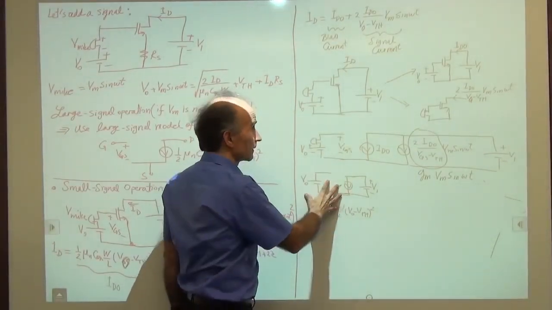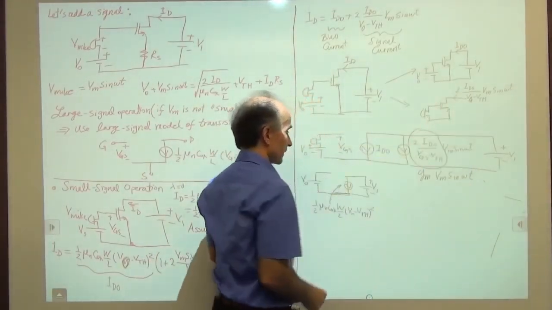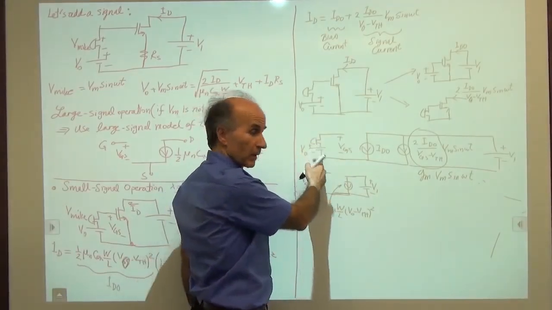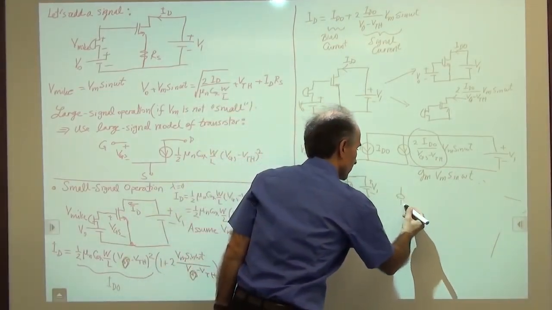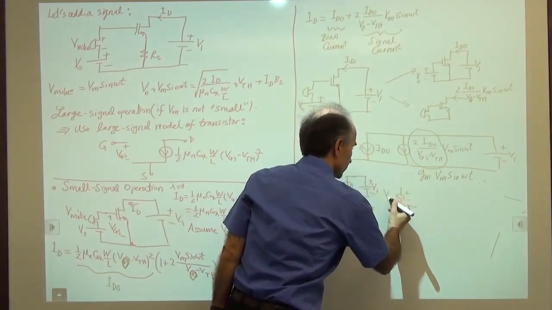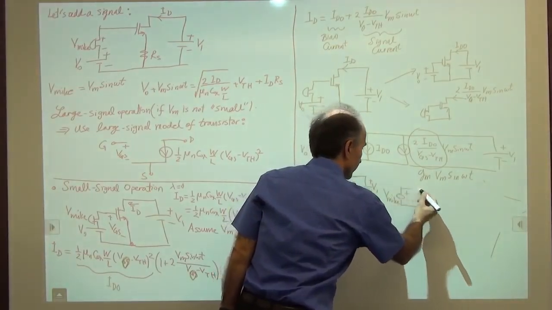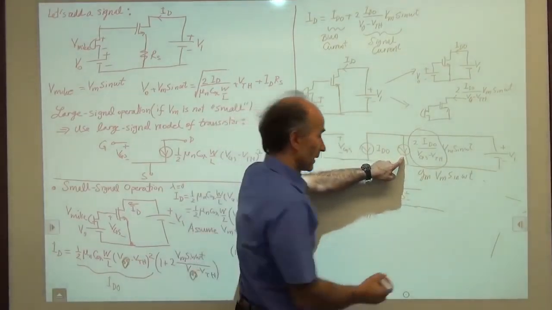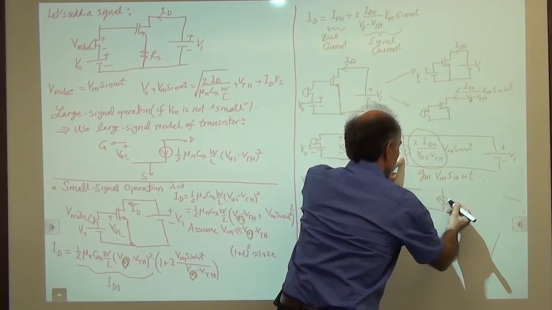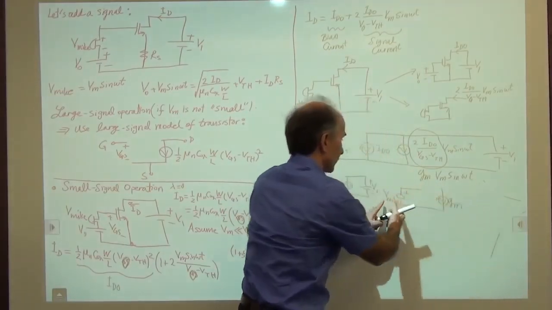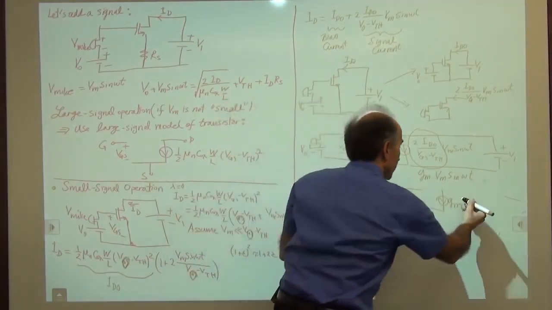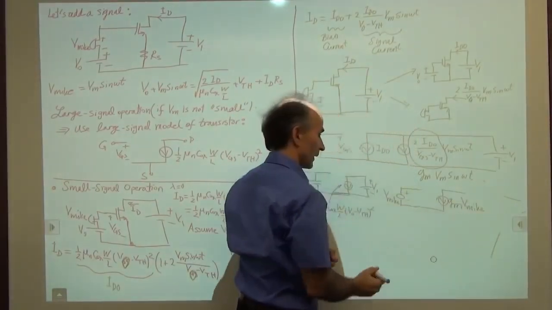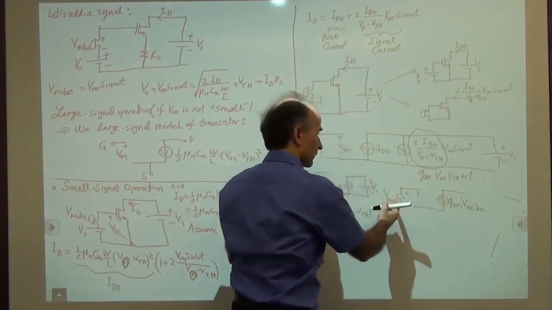Now, next to this, we draw another circuit. That has a voltage coming from the microphone, so we draw the voltage for the microphone, V mic. Then we go to another current source, which is equal to Gm times the input voltage, the microphone voltage, so Gm V mic.